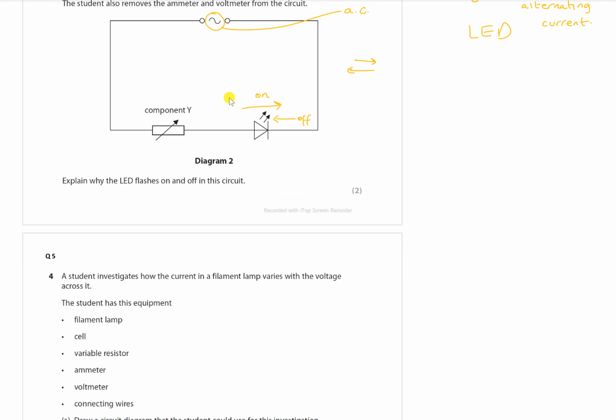Right. 2 marks. The current is changing direction. The LED only allows current in one direction.